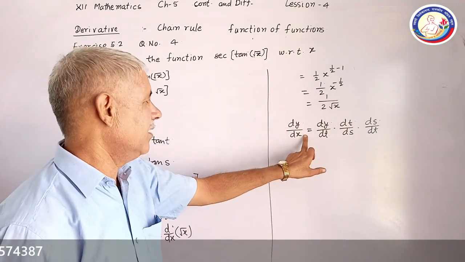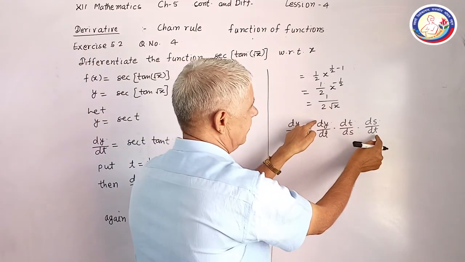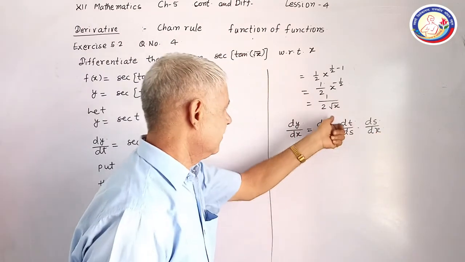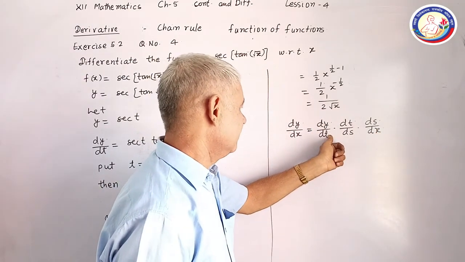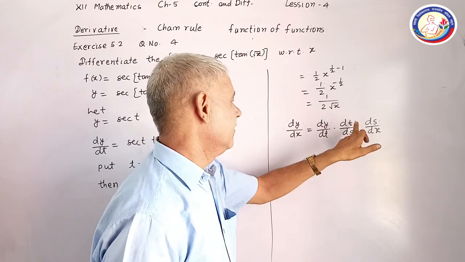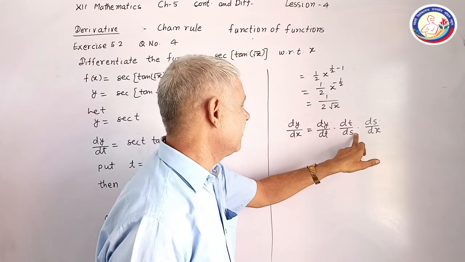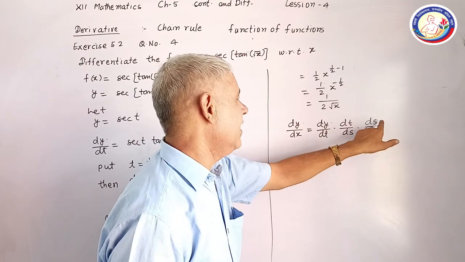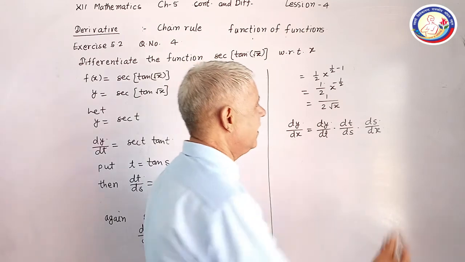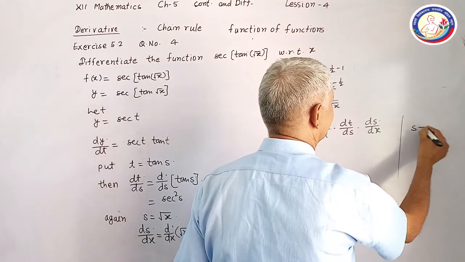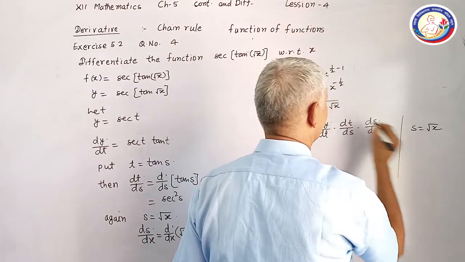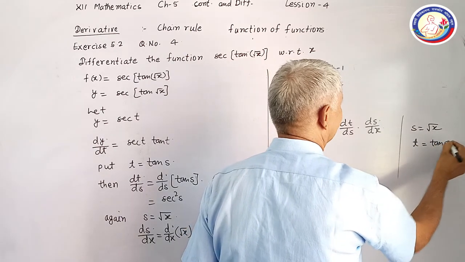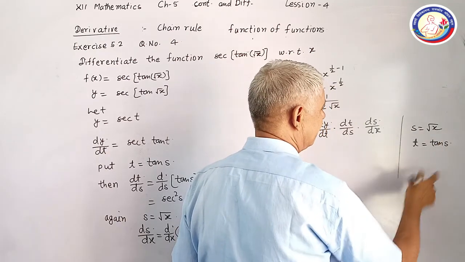The derivative of y with respect to x is the derivative with respect to t, and the differentiation of t with respect to s, and s with respect to x. s is a function of x, and s is equal to square root of x. And t is tangent s here. Now we can understand it in a simple way.